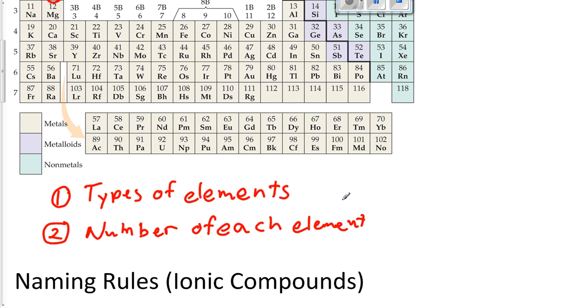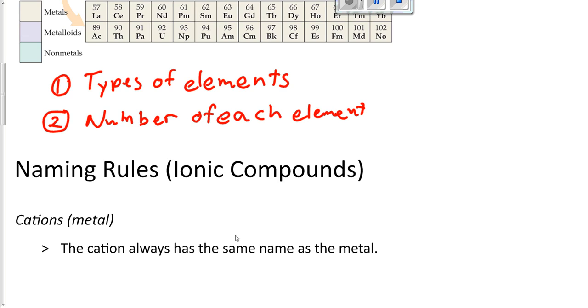Okay, so that's the important thing. So our name needs to tell us the type of element and the number of each element. So we have a couple general rules.